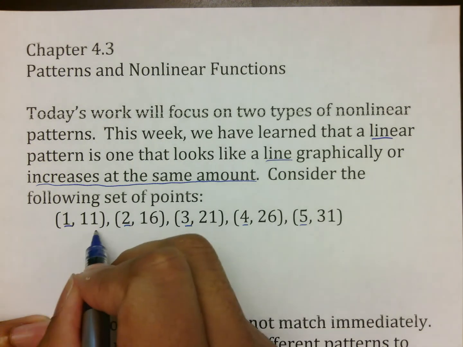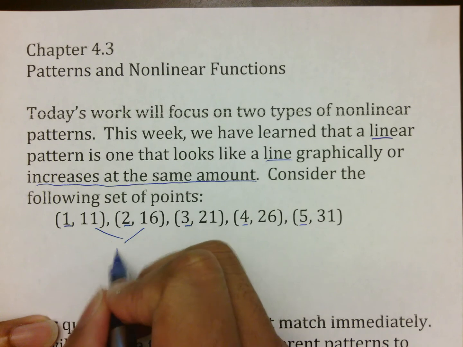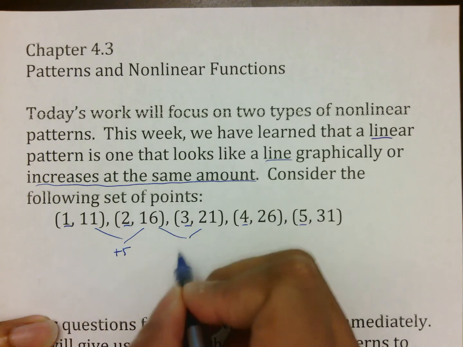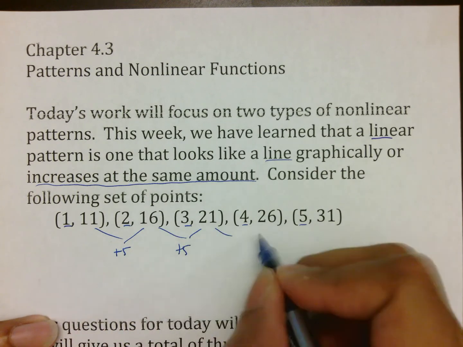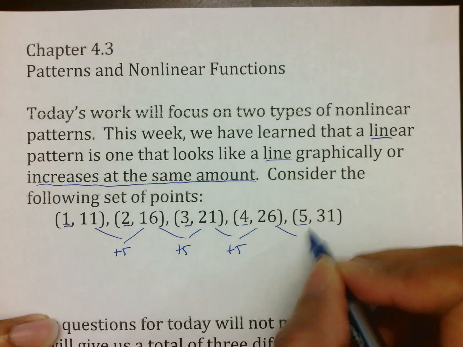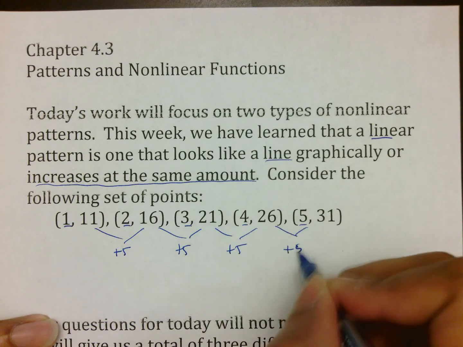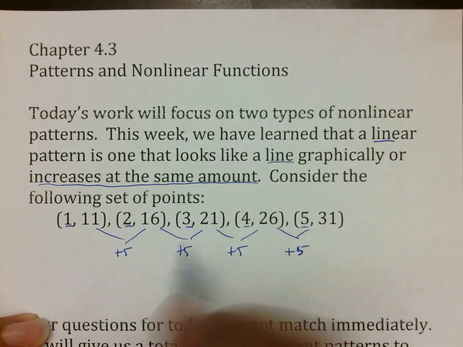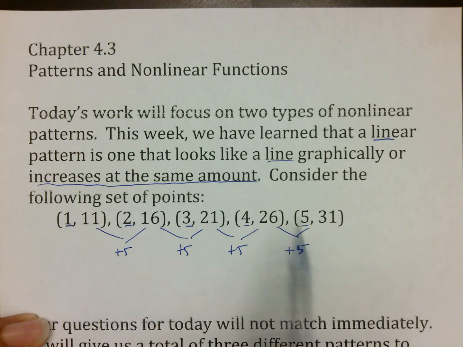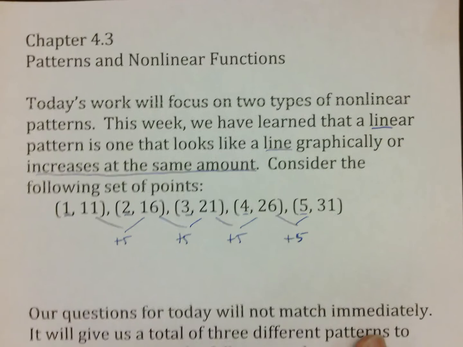Then when you look at your dependent variable, 11 to 16 is adding 5, 16 to 21 is adding 5, 21 to 26 is also adding 5, and 26 to 31 is also adding 5. Because this is the same, this is a linear pattern, because it increases steadily at the same amount as your independent variable changes.